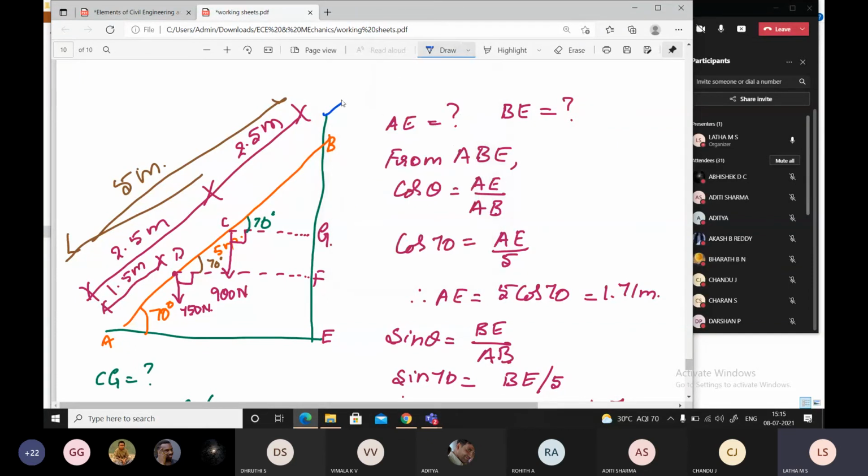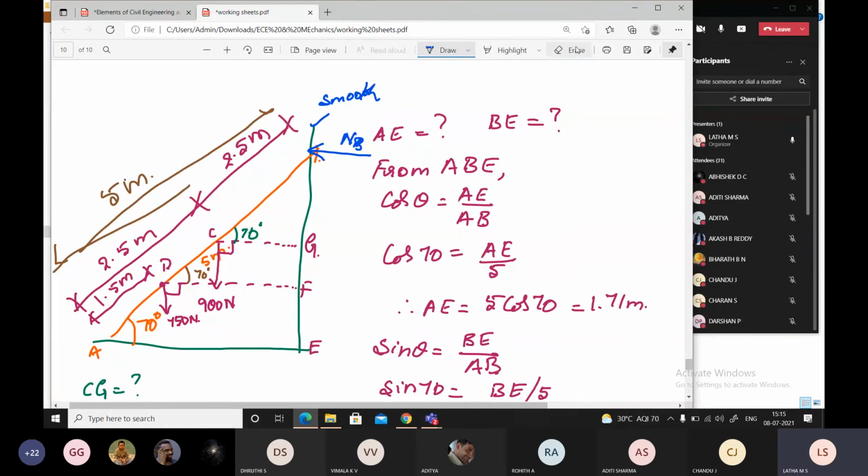This is a smooth wall. Right? Smooth wall. So you find only which reaction? NW, ma'am. NW, correct. I'll erase this. I'll find only NW here, since it's a smooth wall.